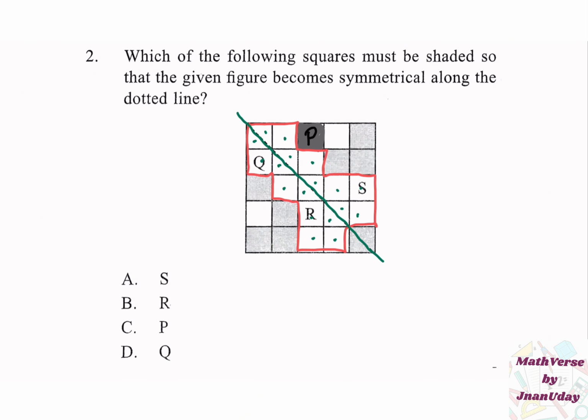So which box we have to shade? That is P. So the correct option here is C. We shaded P and we got the answer. If P was not the answer, then next you can go for Q, R, S likewise. So the correct option for question number 2 is option C.